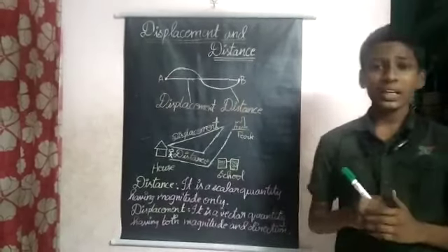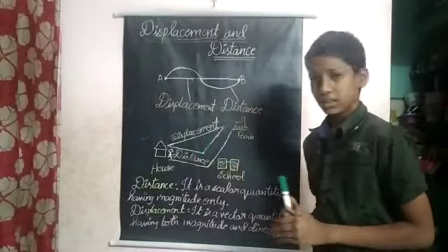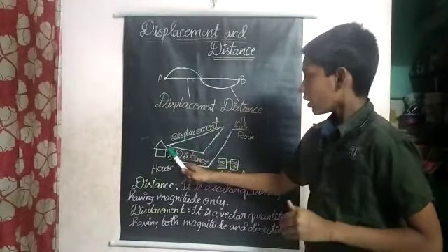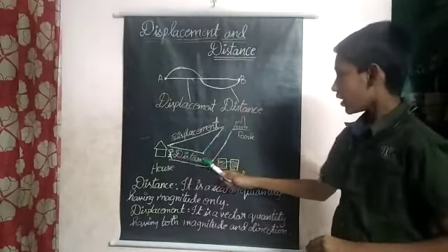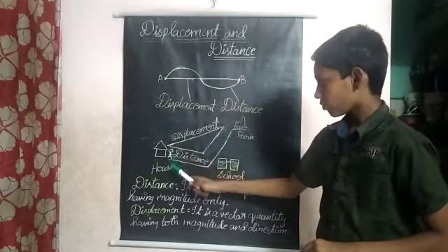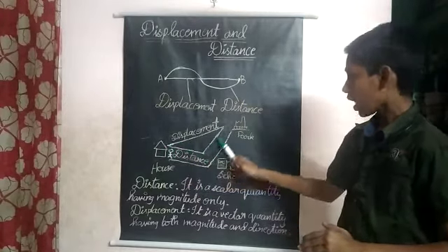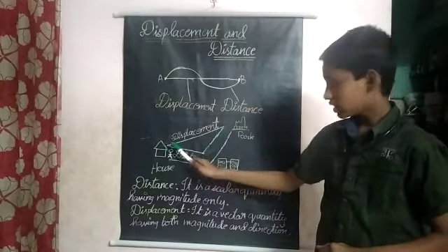Now, we can see an example of displacement and distance. A boy needs to go to the park from his home. This is the way to go to the park from his home. The boy should travel from home to school and then to the park. This is the distance travelled by this boy.